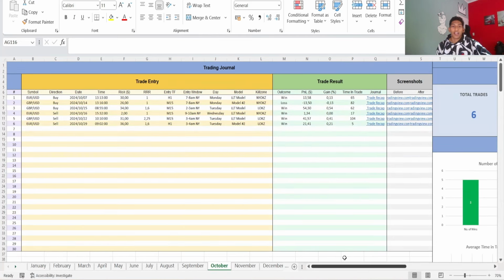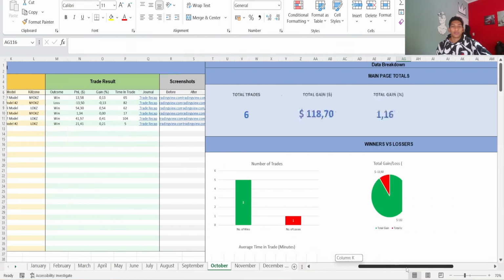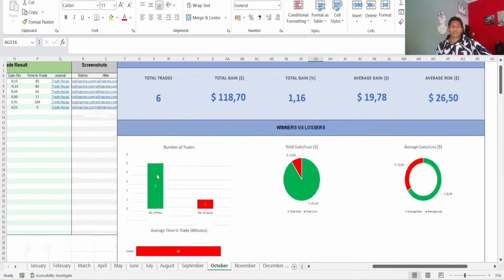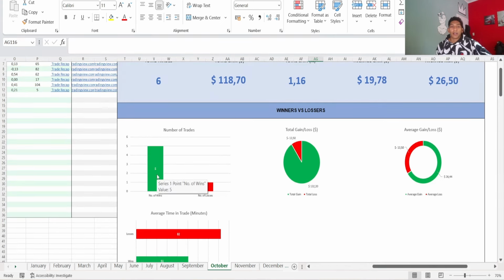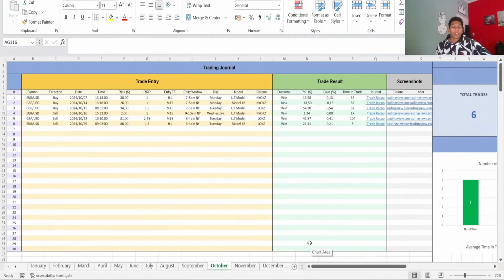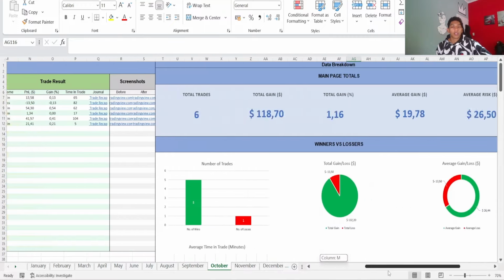I made this journal myself on Excel, so it's got some pretty dope stats: average risk, average gain, total gain in dollars and percentage, number of trades, and all of the information from here. As you can see, all the information I have, some screenshots of my trades, journaling it, and all the data you could think of.